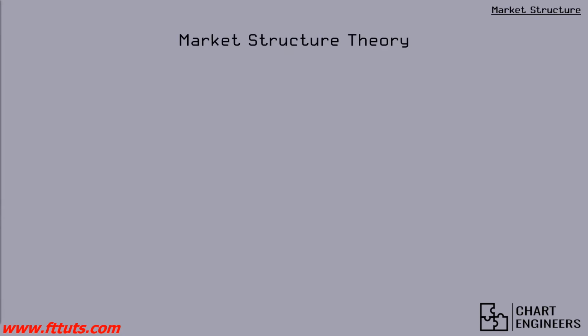Now we're going to go over some market structure theory. As we can see, the market is trending up. However, it did not just go up in one straight line. It had retracements before expanding back up, and all this is just how the market will generally move.